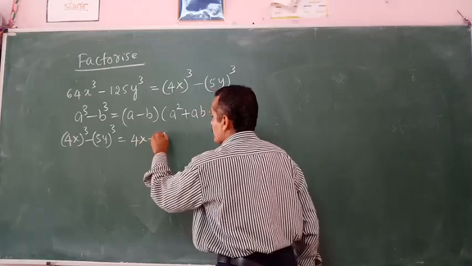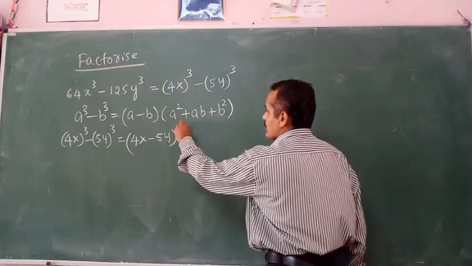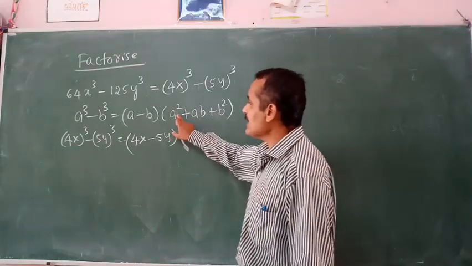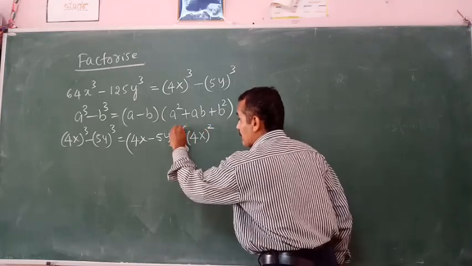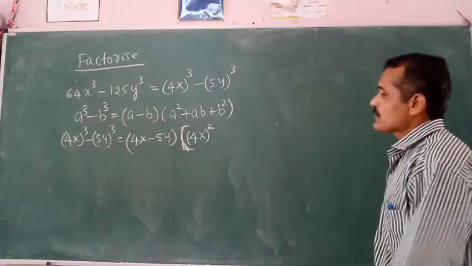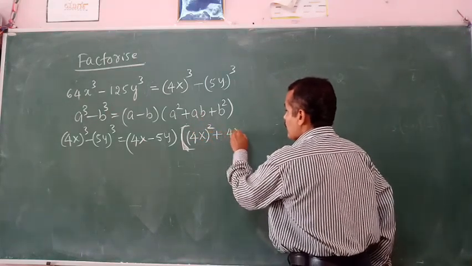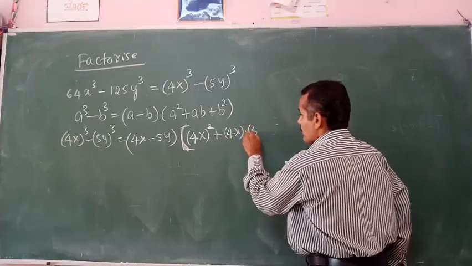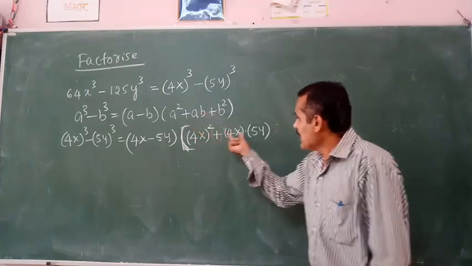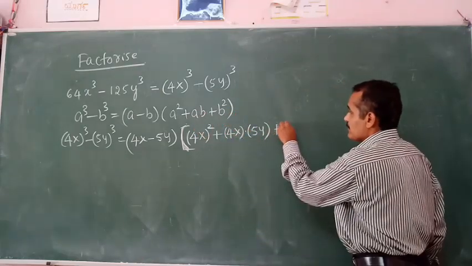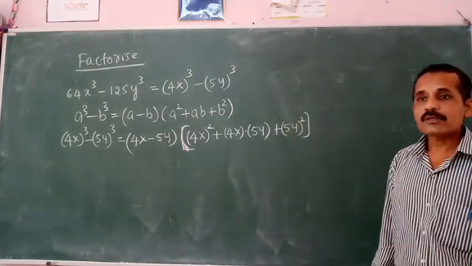4x minus 5y, into a square. It is 4x the whole square. Let me put a big bracket here. 4x the whole square plus ab, 4x into 5y, plus b square, 5y the whole square.